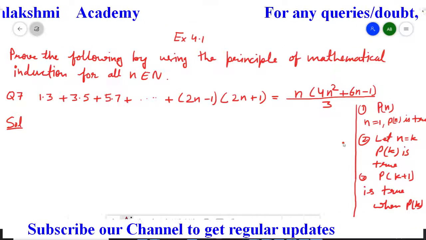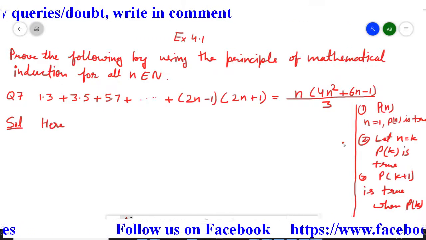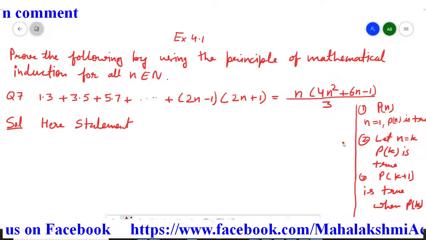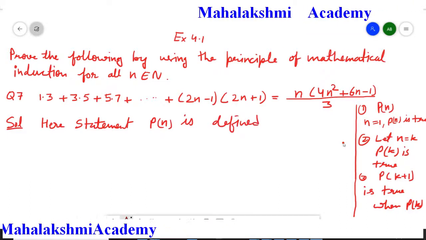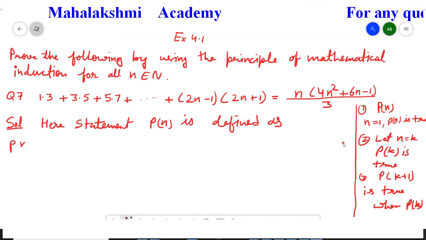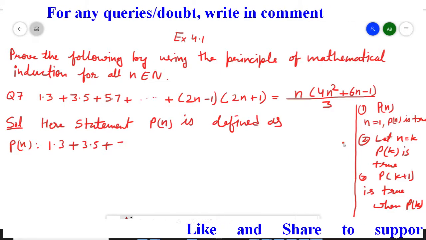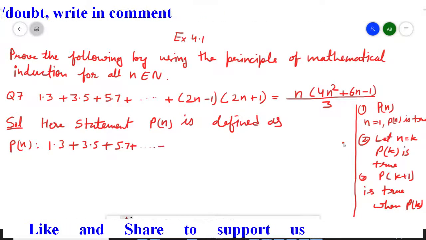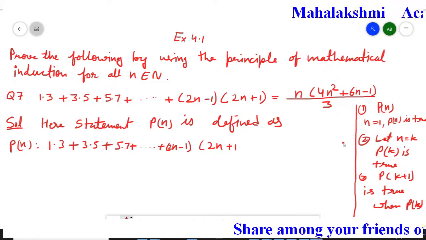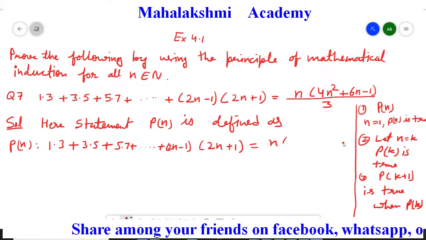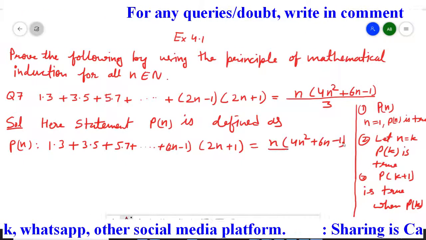So the first step is we are going to define this function as Pn. So we write here, statement Pn is defined as 1 multiplied by 3 plus 3 multiplied by 5 plus 5 multiplied by 7, and it is extended up to (2n minus 1) bracket close, times (2n plus 1), is equal to n times (4n square plus 6n minus 1), and the whole divided by 3.